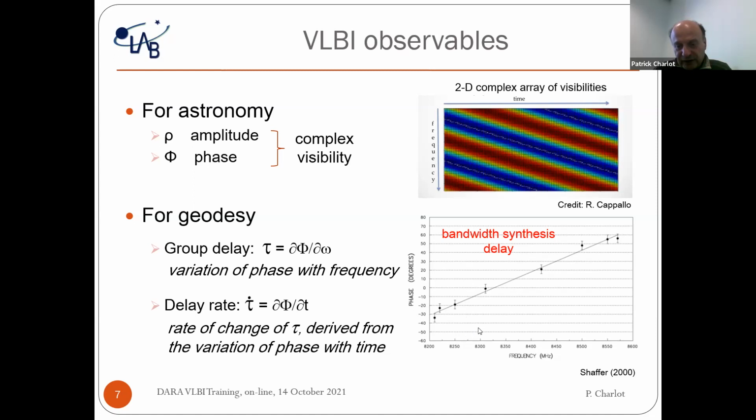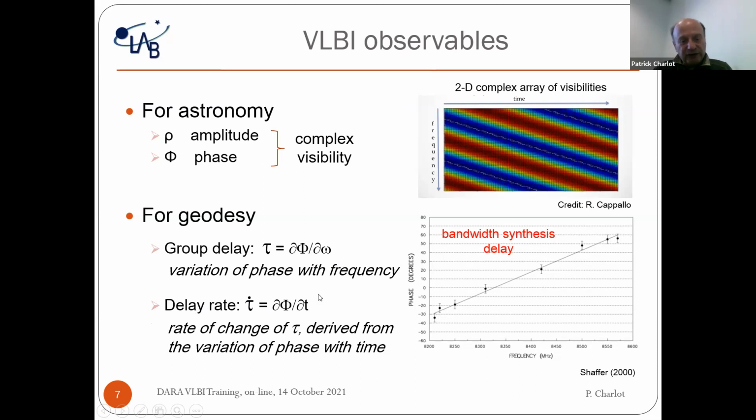You have the frequency here and the phase here. So you measure the phase at a number of discrete frequencies, and then you fit a straight line to these phases measured, here between 8.2 and 8.6 gigahertz, and then you get this quantity, which we also call the bandwidth synthesis delay.